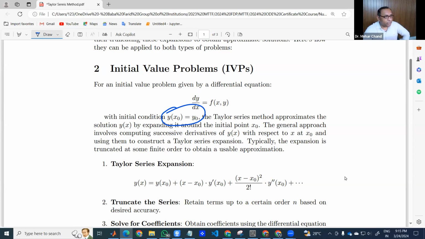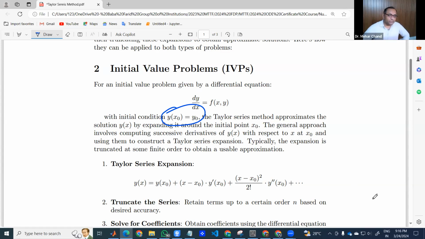The general approach involves computing successive derivatives of y(x) with respect to x at x0 and using them to construct a Taylor series expansion. Typically the expression is truncated at some finite order to obtain a usable approximation, where sometimes we need to choose third order, fourth order, or fifth order, depending upon the accuracy of the solution.